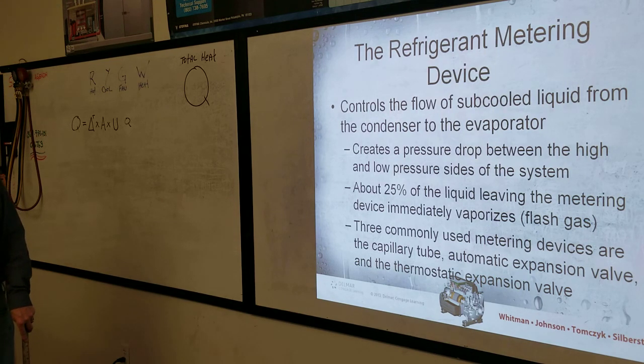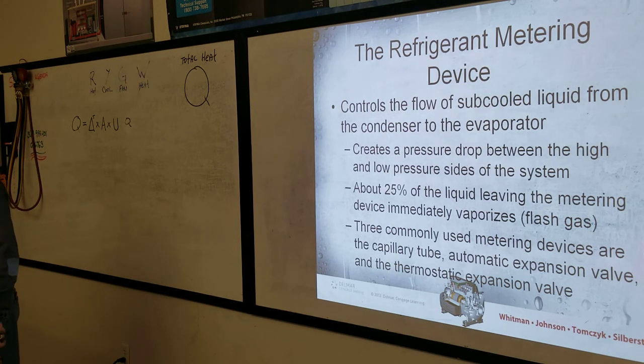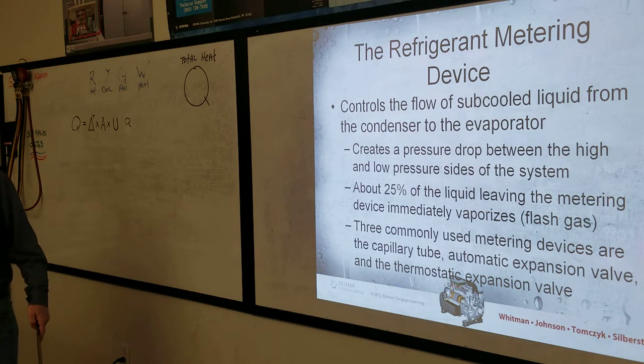Okay. What's another word that's going to be used for what the metering device is doing to the refrigerant? Vaporizing. No, that's not the word I'm looking for. Flash gas. No, that happens in the evaporator, evaporating. Boil. Makes it cold. Expanding.